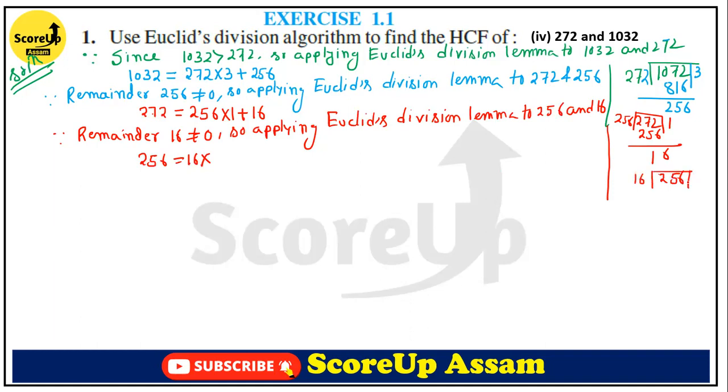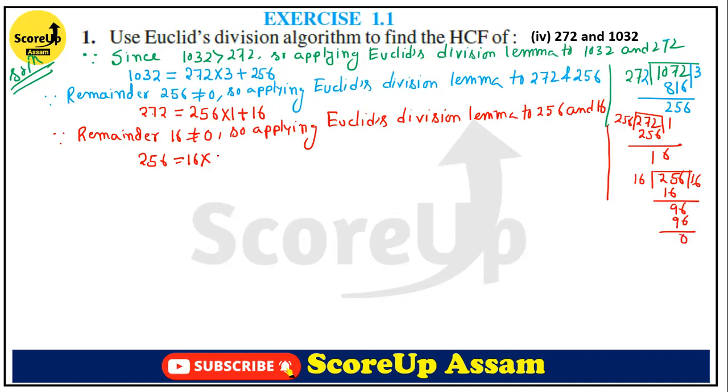16 ones are 16. Actually it will be 16 square. So it will ultimately be 0.